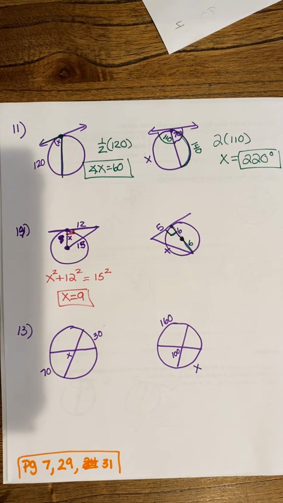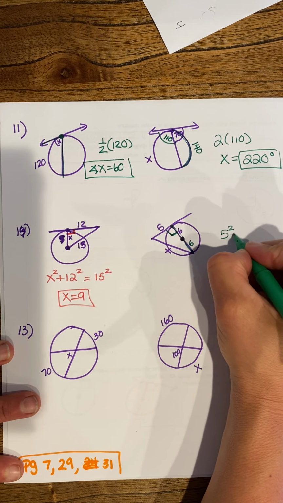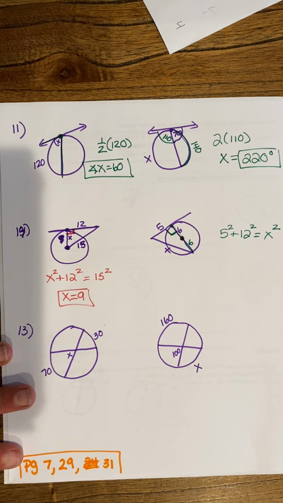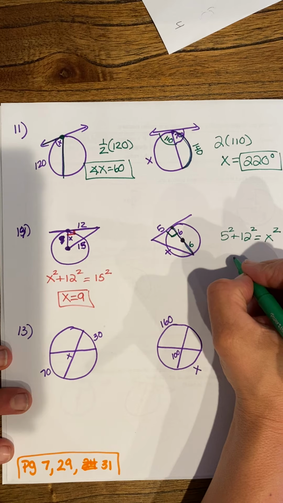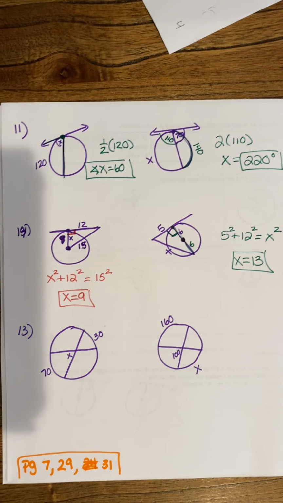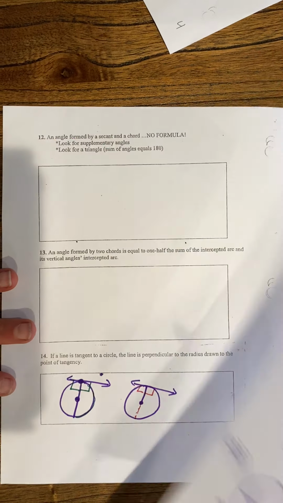So you actually know from there to there is also 6. So when you do the Pythagorean theorem, you're going to do 5 squared plus 12 squared equals x squared. Just the Pythagorean theorem is on the table here. When you finish it, you end up with 13 as that side. All right, final theorem.